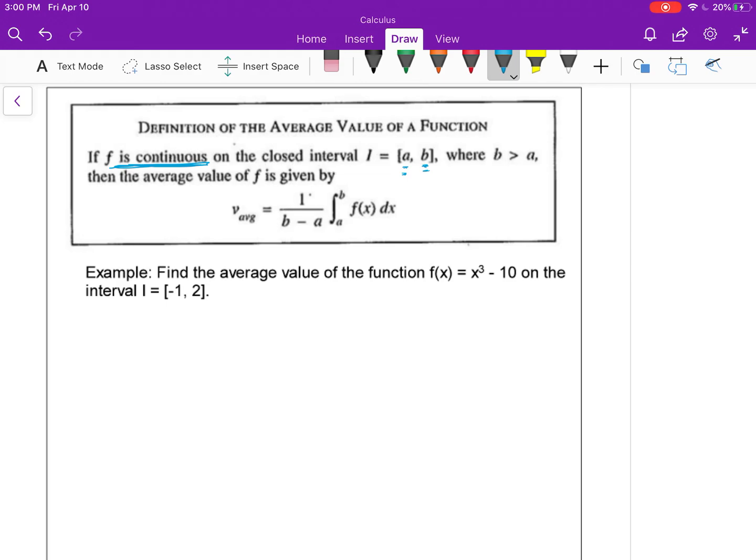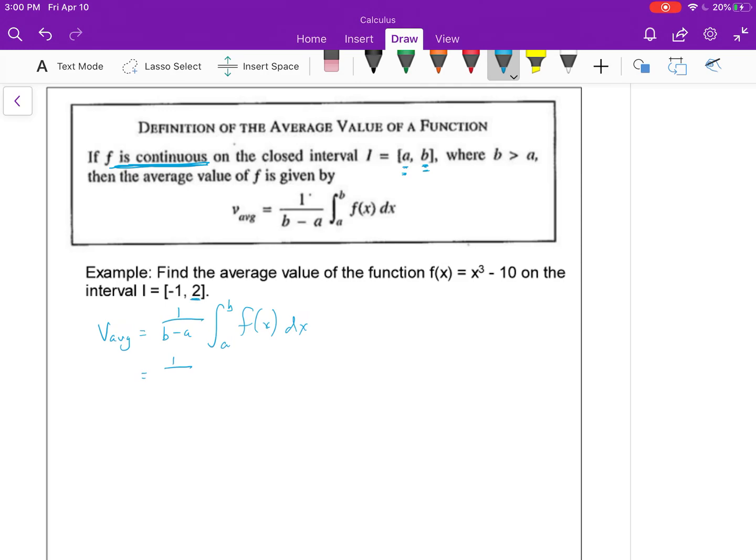So let's take a look at this. Find the average value of the function f of x equals x cubed minus 10 on the interval -1 to 2. Well, that average value is going to equal 1 over b minus a times the integral from a to b of the function we are referring to.